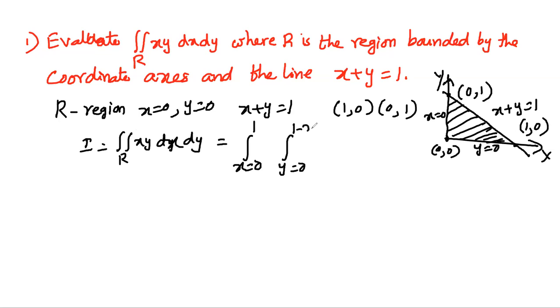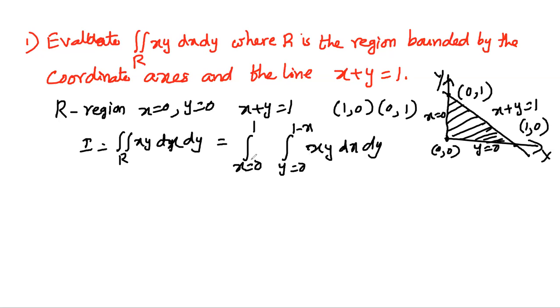So the limit is 1 minus x, xy dx into dy. Or you can do it another way: if y is from 0 to 1, then x is from 0 to 1 minus y.